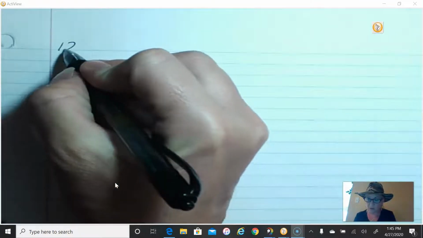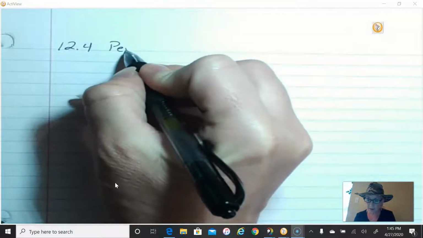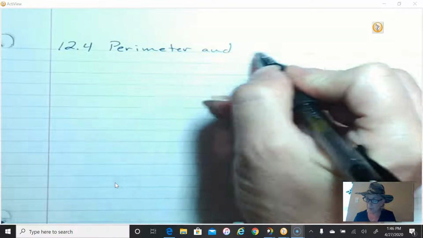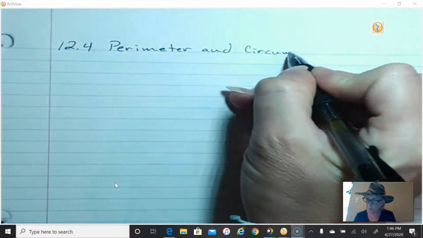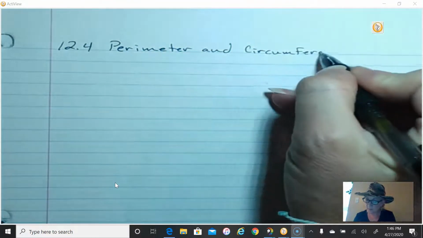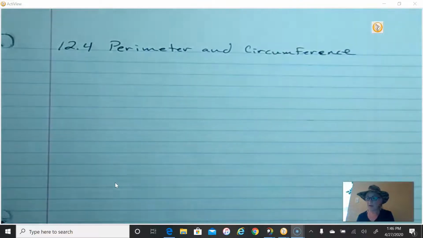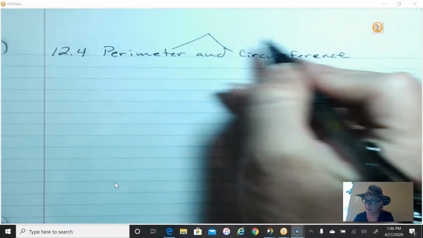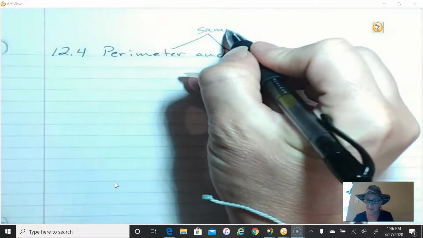We're doing 12.4, perimeter and circumference. Okay, perimeter and circumference. All right, basically, these are the same.